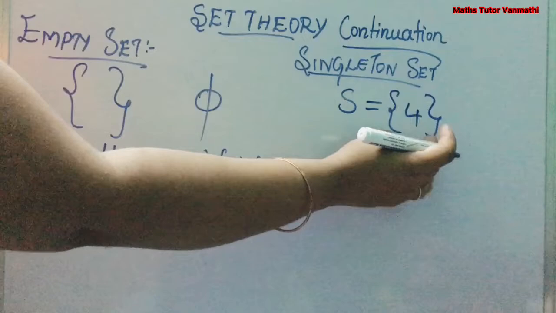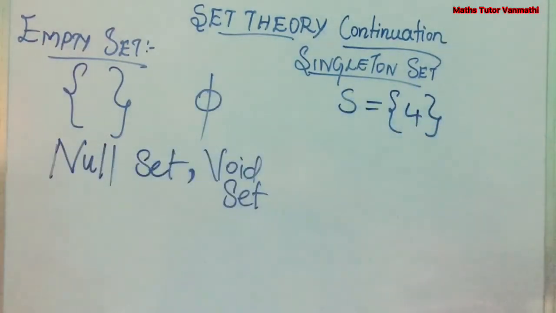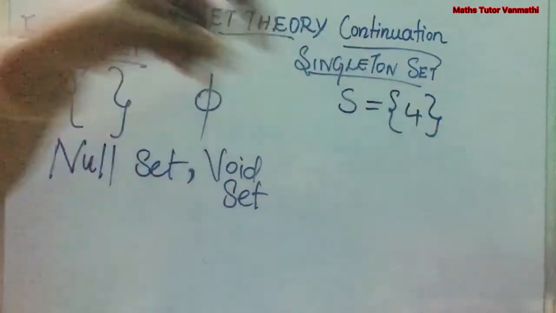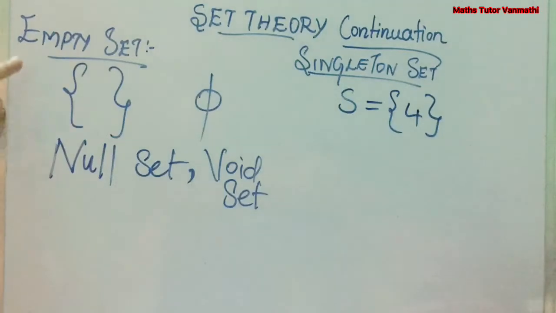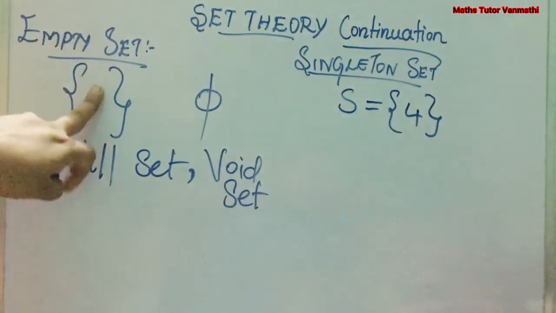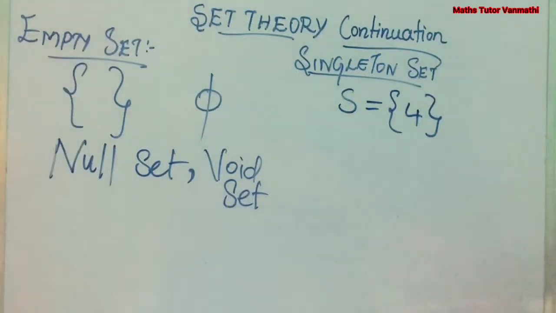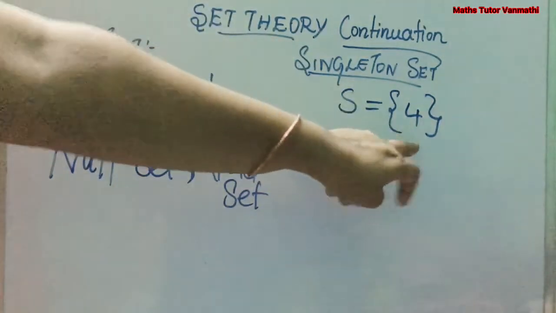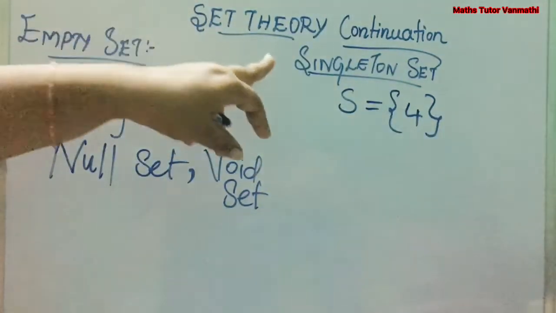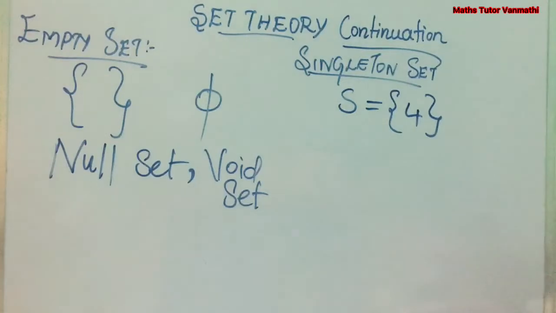So this set has the element 4. That is, the set contains only one element. Here in the empty set, the set has no elements, zero elements. And a set with a single element is called a singleton set. Clear? Now you are clear with empty and singleton set.